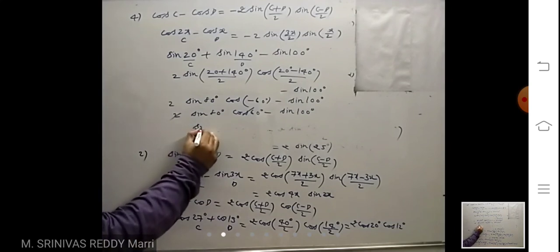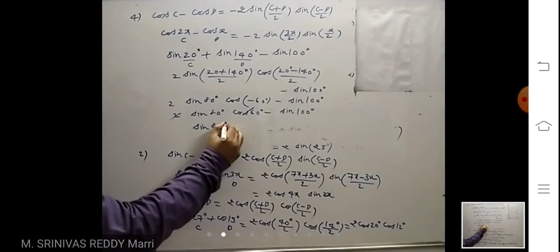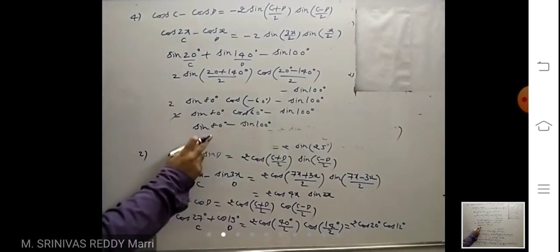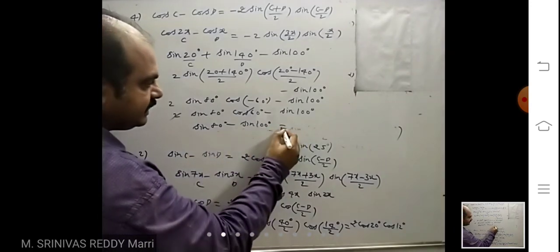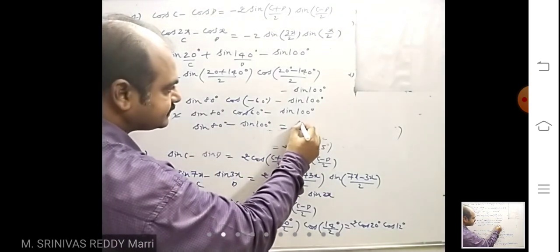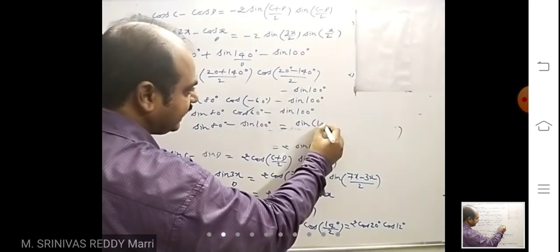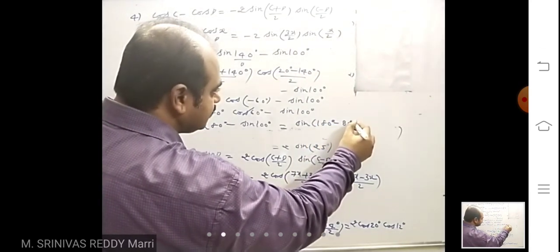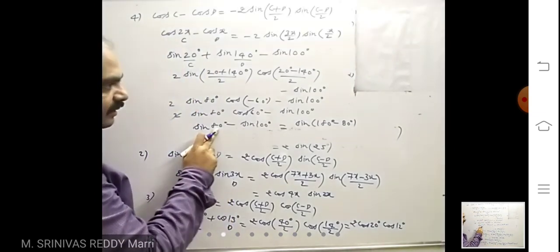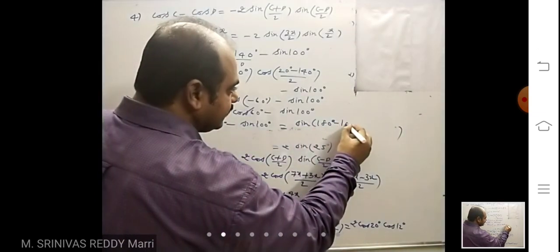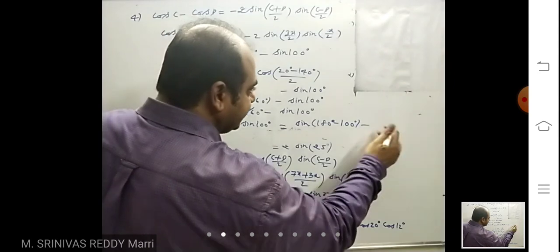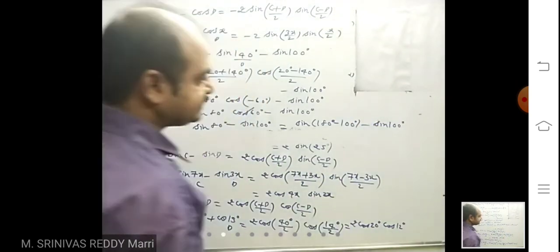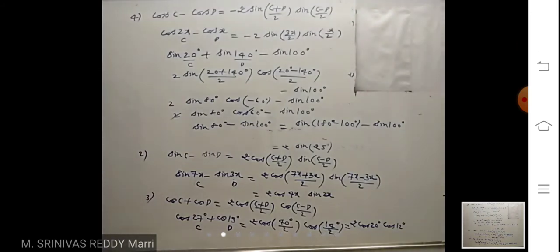Now look at sine: you got sine 180 minus sine 100. Now there is a relation, these are supplementary angles. So sine 80 can be written as sine of 180 degree minus 100 degree.